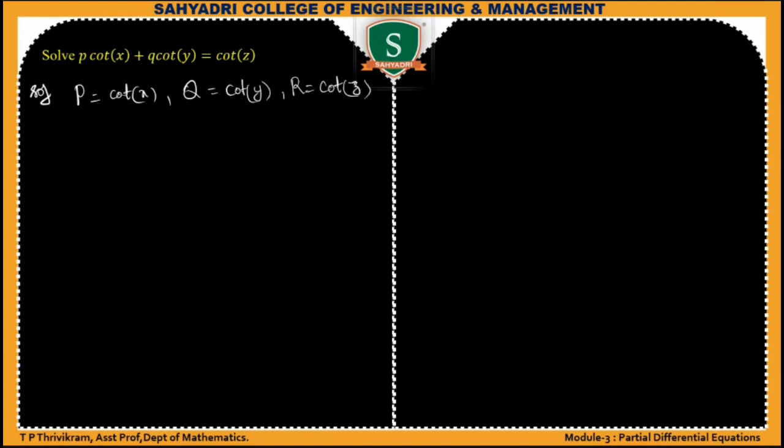Implies small p is equal to dou z by dou x, and small q is nothing but dou z by dou y. Okay, so now let us see what we need to do.